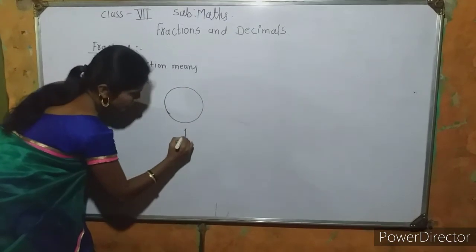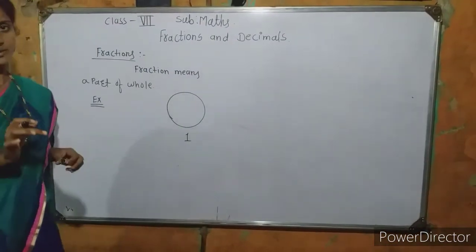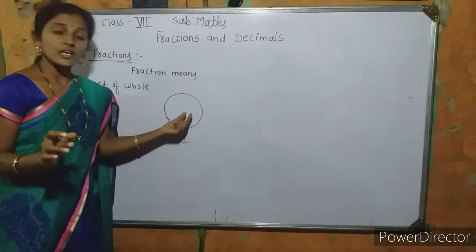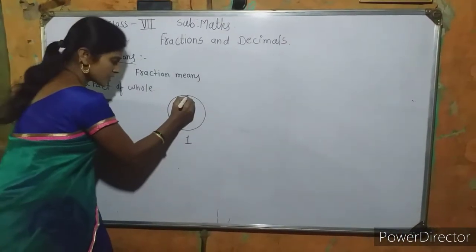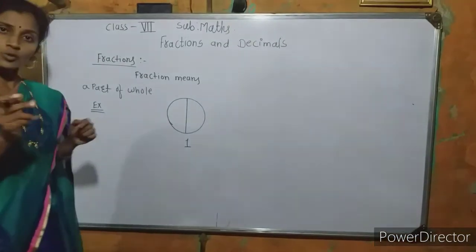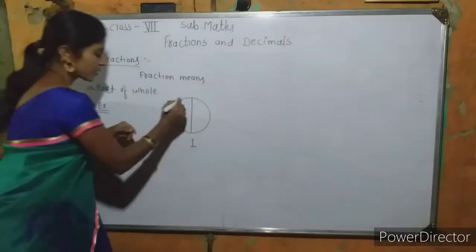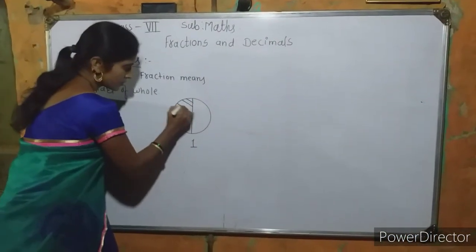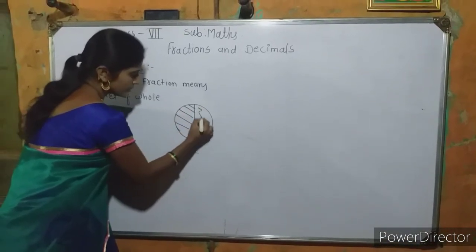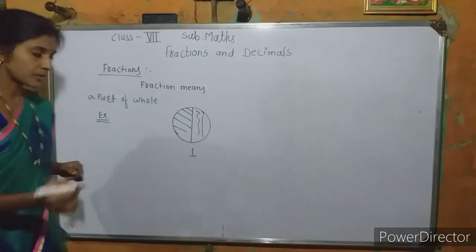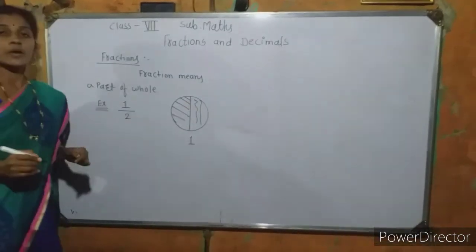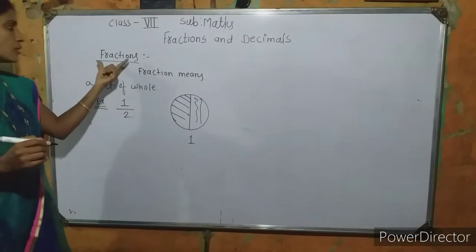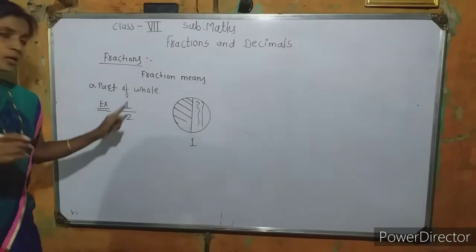That is one full circle, and this circle is divided into two equal parts. This one is the first part and this is the second part. That means one circle is divided into two parts, and that number is called a fraction.